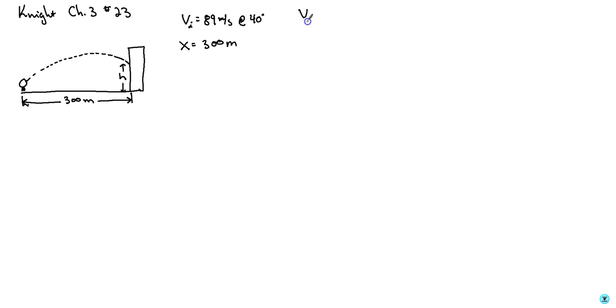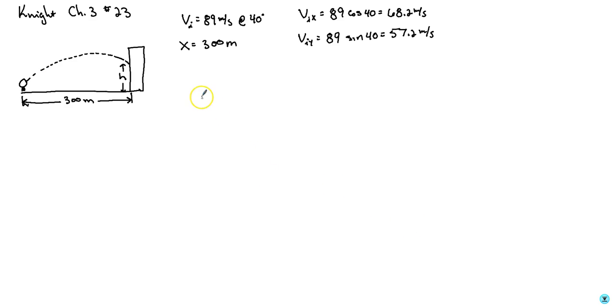So we can start by finding v sub I x, which will be 89 cosine of 40, and that comes out to 68.2 meters per second, and v sub I y, which is 89 sine of 40, and that is 57.2 meters per second. All right, so that's the speed in the x direction and the y direction that the cannonball is going to have when it gets shot and leaves the cannon.